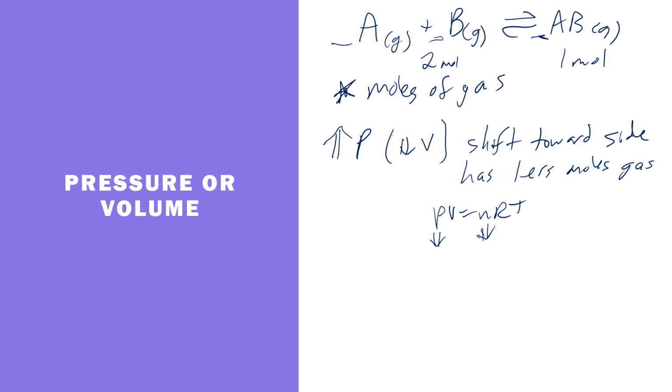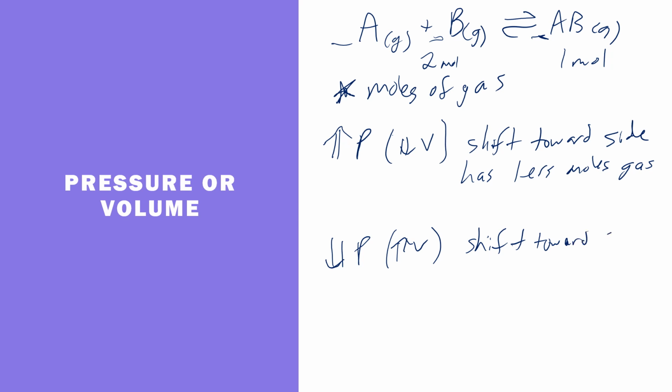We'll fix that problem. Now, the opposite: if I were to decrease the pressure on the system, typically by increasing the volume, it will shift toward the side that has more moles of gas. And again, according to PV = nRT, if I have too little pressure, I need to increase the pressure to get back to equilibrium, so I need to go to the side with more moles of gas.